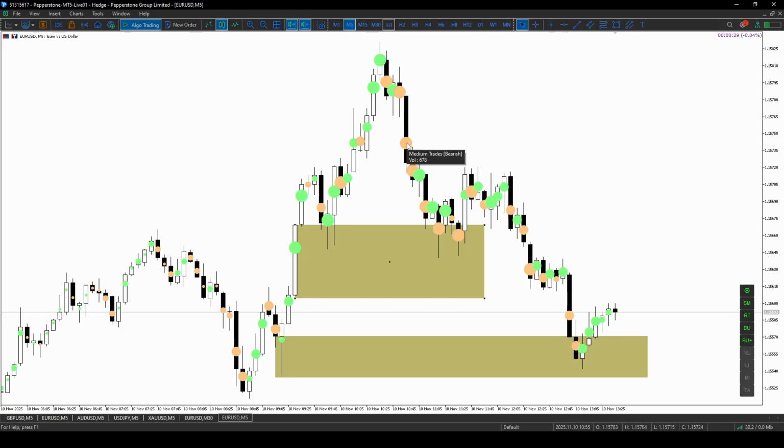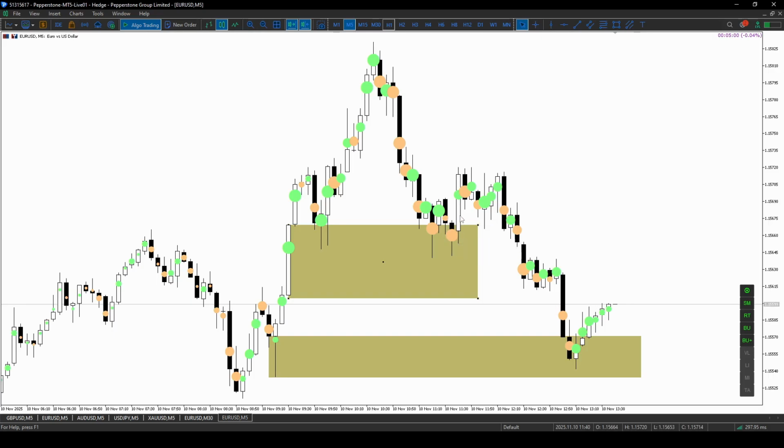It's a big candle, but you can clearly see the trades are medium, and again in here buyers try to step up, but they failed. And here we can see small trades and medium trades.